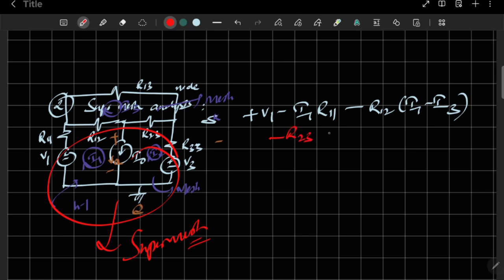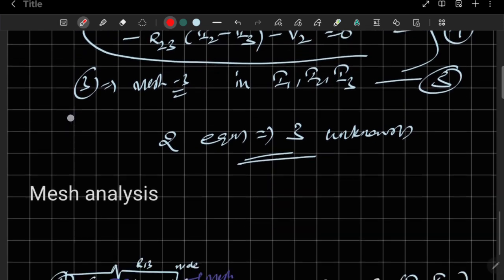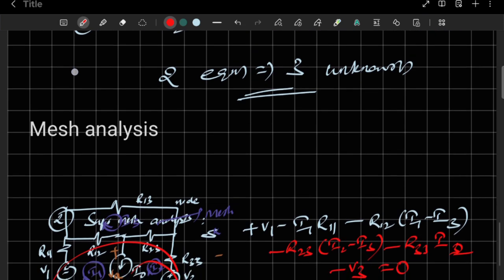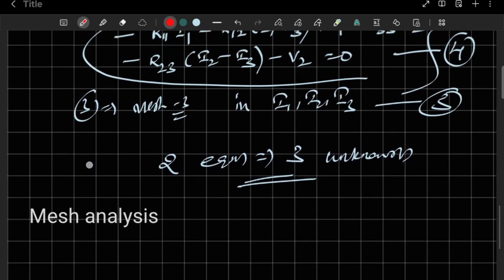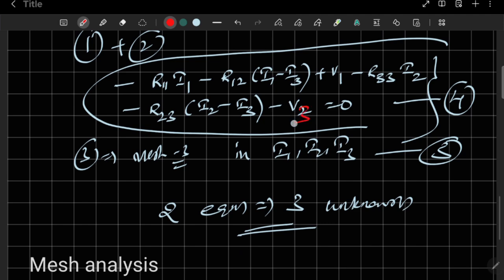Minus R23 into I2 minus I3, minus R33 into I3, otherwise I2, minus V3. Close the loop. So this is the equation we got as the fourth equation, minus R11 I1. Okay, plus V1 is there, minus V2 is there, otherwise V3 is there, whatever it may be. I'm taking here V3. You also take here V3.